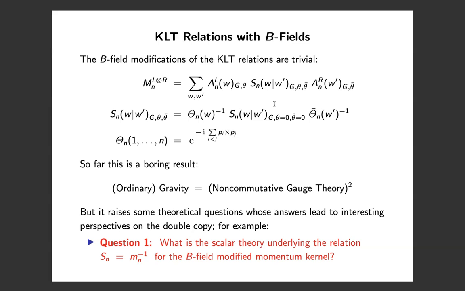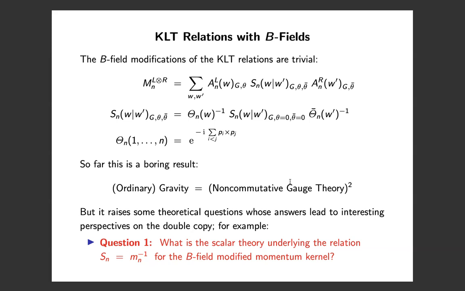Okay. So there are various questions that come out of this, and I'm going to focus on two of them. The first question is simply: we've modified these KLT momentum kernels by these phase factors, but remember the usual KLT momentum kernel came from a special type of biadjoint scalar theory.